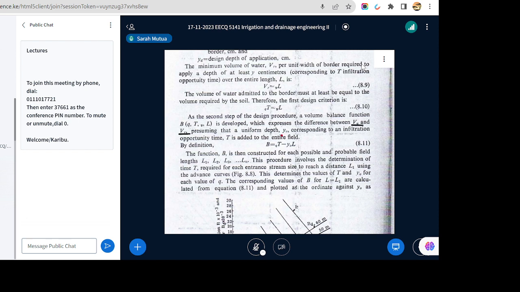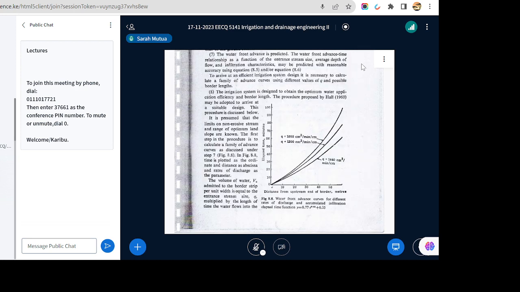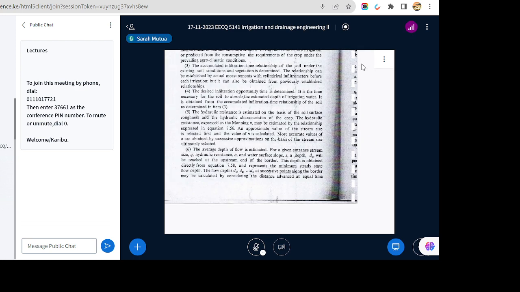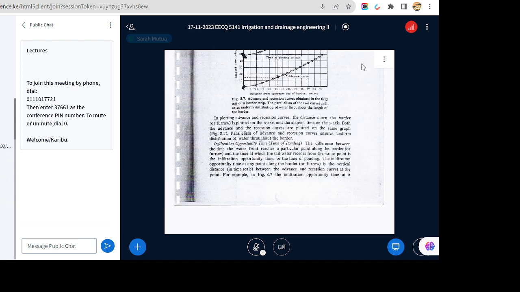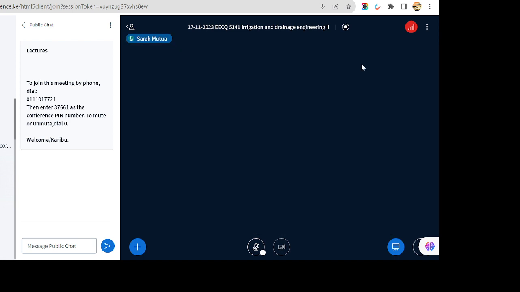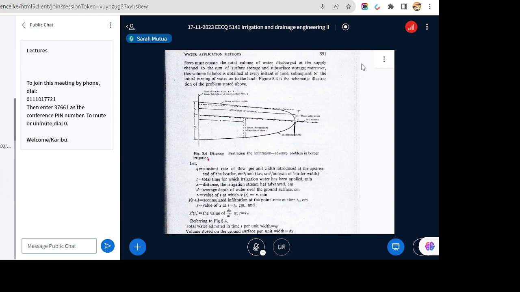Then you have the Y naught. In this case, you are presuming a uniform depth Y naught corresponding to an opportunity time T. So what we assume in this volume balance function is that at the end of the infiltration, we are going to have a uniform infiltration equal to Y naught, but we know that one is not true.